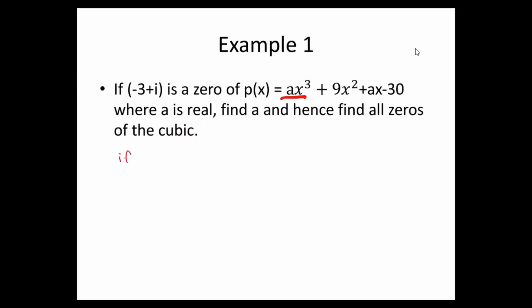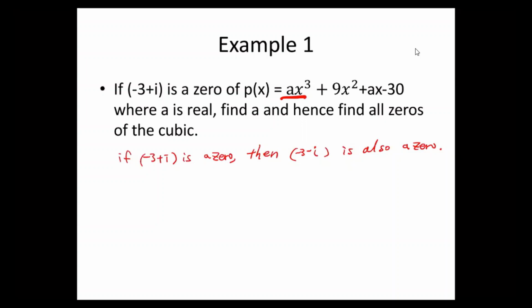If negative 3 plus i is a zero, what is my second zero? Anybody? Vicky, go ahead. Minus 3 minus i. Very good. So you just use the conjugate root theorem, right?